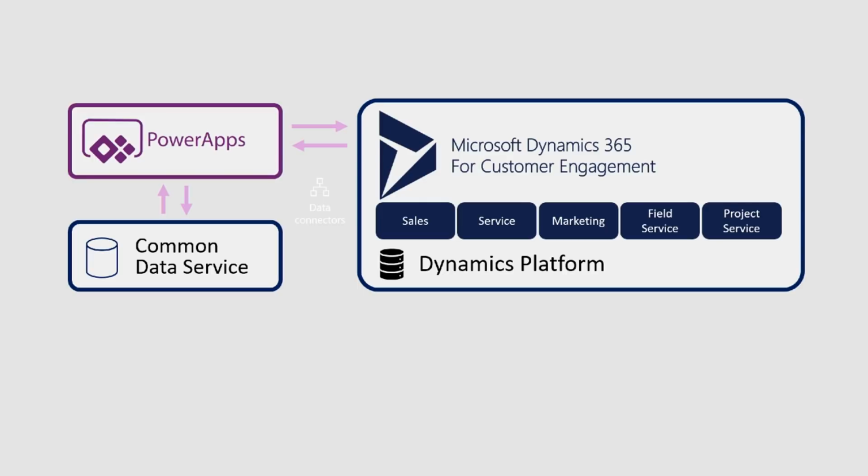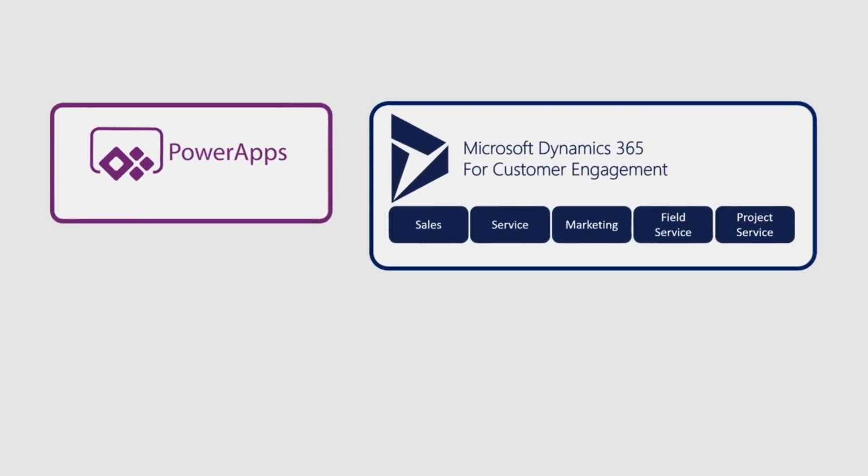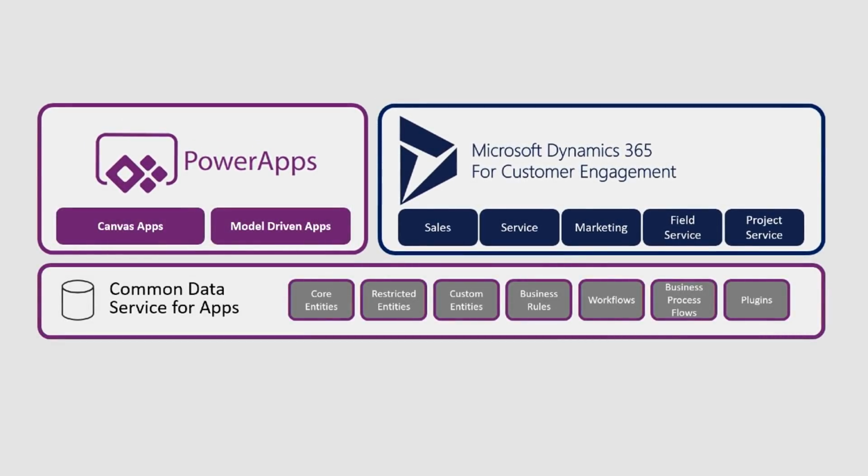What happened earlier this year with the release of Dynamics version 9.0.2 is they came together. The data layer and platform layer underneath Dynamics 365 is now the Common Data Service. So no more separate database. That means if you don't use Dynamics but use PowerApps, your Common Data Service is the same data and platform layer as Dynamics uses.